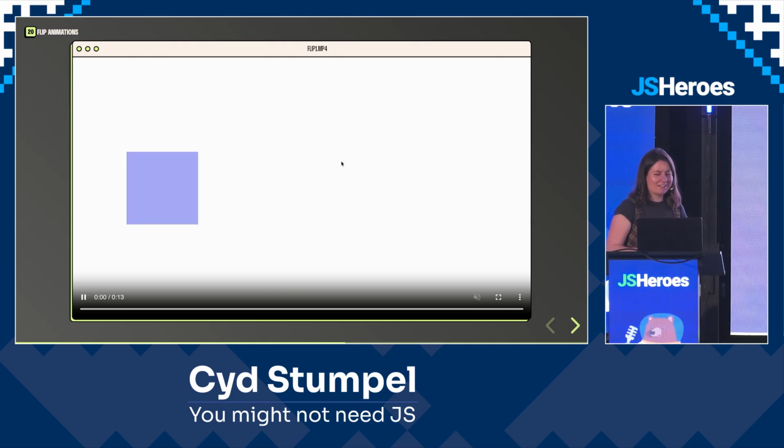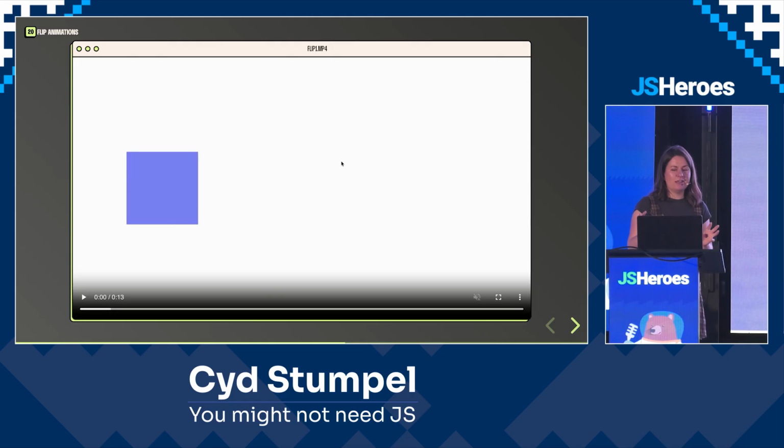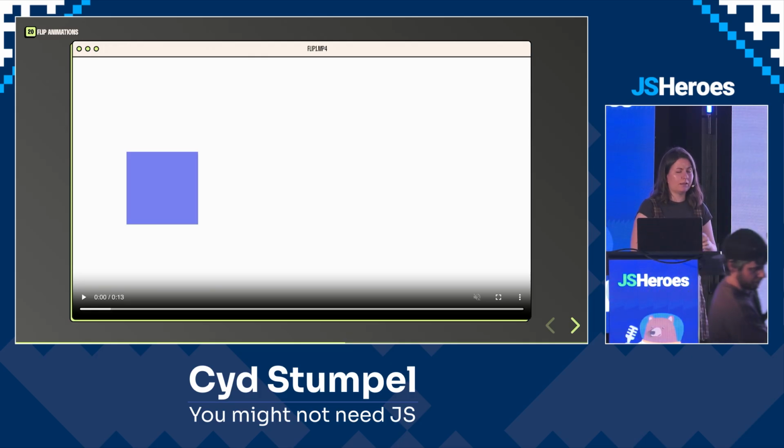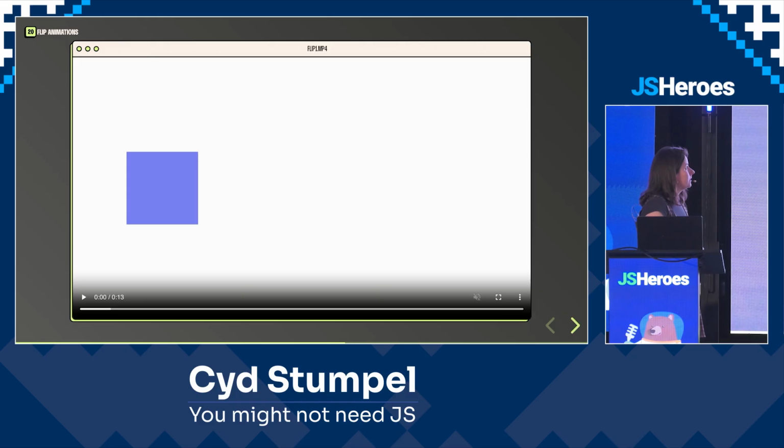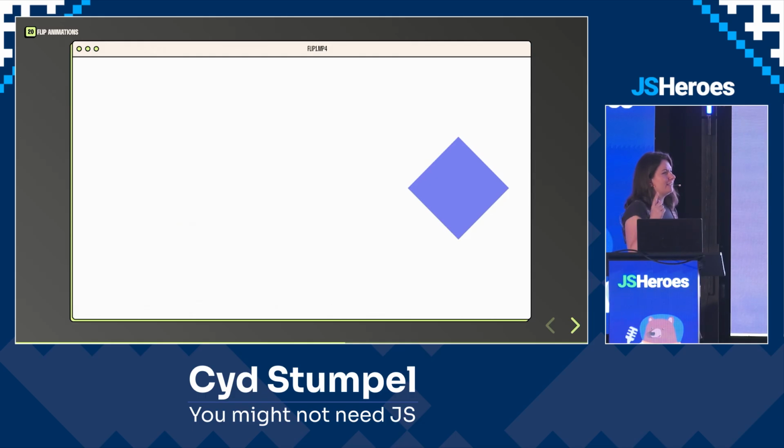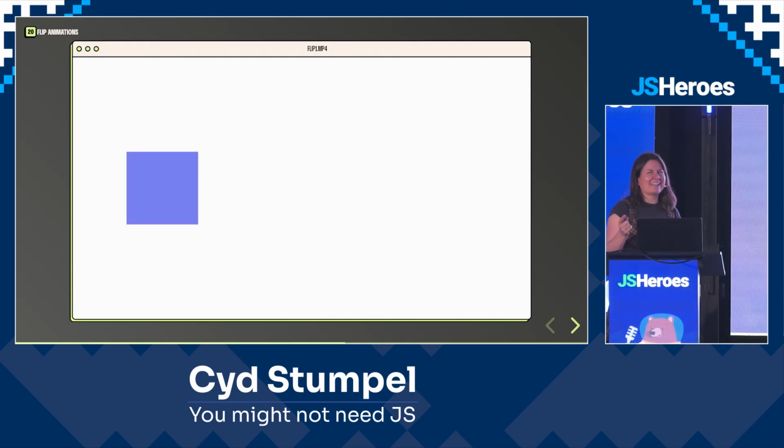So view transitions are kind of based on, or kind of similar to the FLIP animation technique, which was something that was thought up by Paul Lewis, and it stands for first, last, invert, play. And what happens is it records the start transforms of an element, it then applies the end transforms, and then it inverts those transforms to make it look like it has never moved.